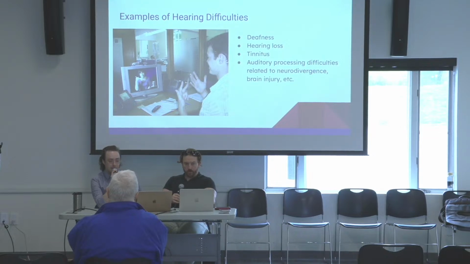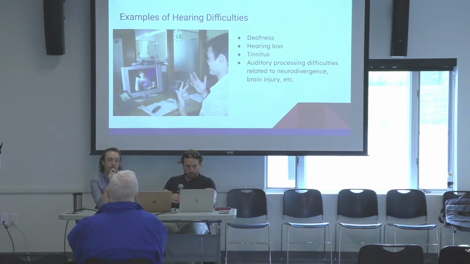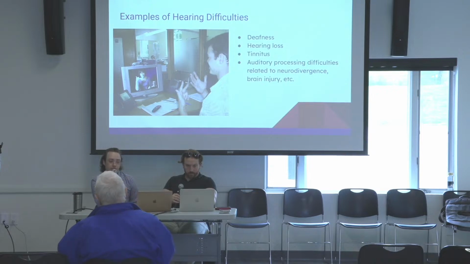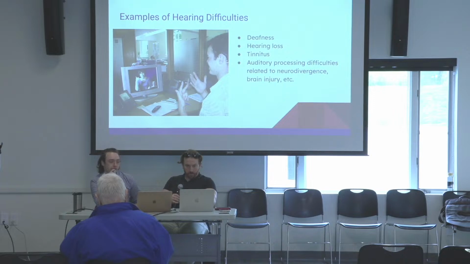When we say hearing difficulties, we're talking about, of course, deafness, hearing loss, but also things like tinnitus. And then sometimes things can happen to the brain which affects the way that we perceive sound. So it might be a brain injury, something like autism or ADHD. The sensory information that they get is a bit different.